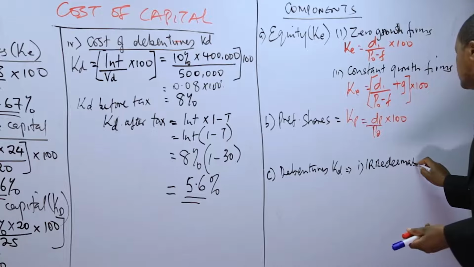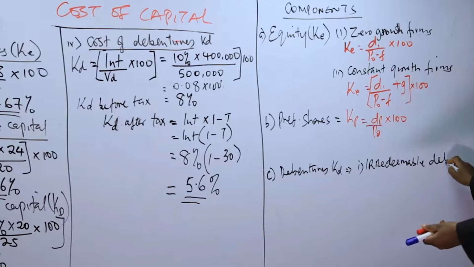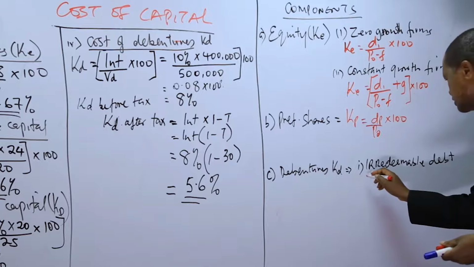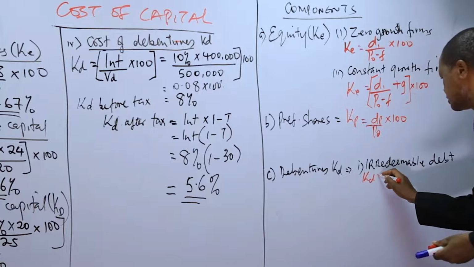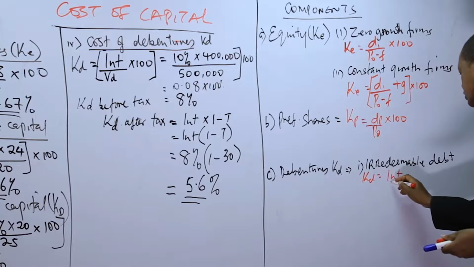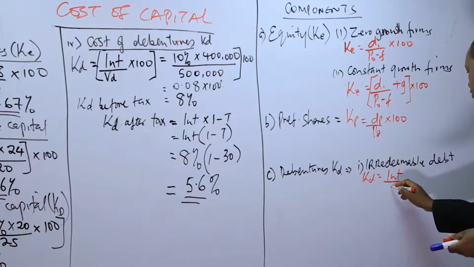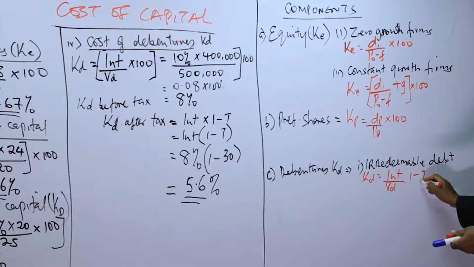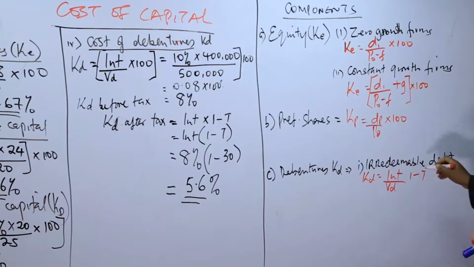And the formula for irredeemable debentures is KD is equal to interest over VD times 1 minus T. That's how you determine the formula.